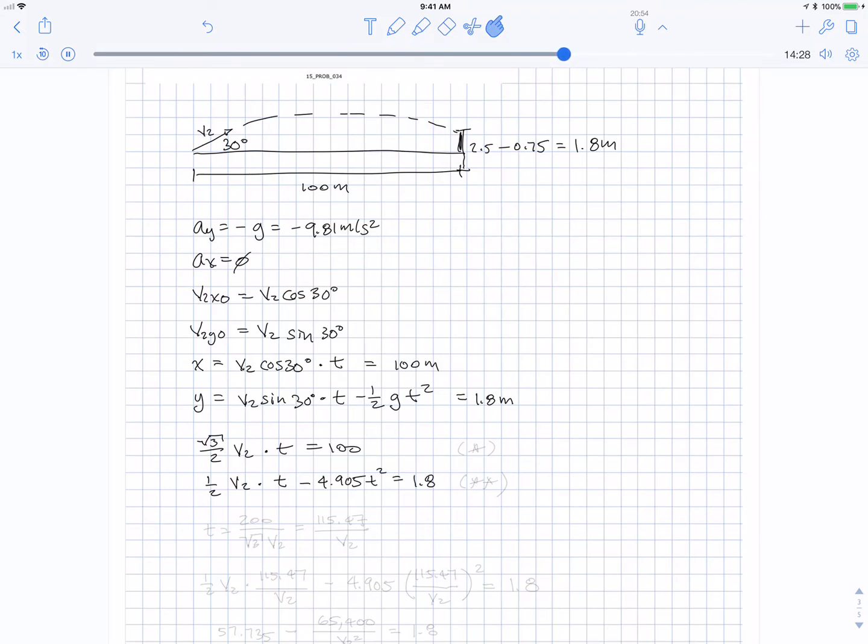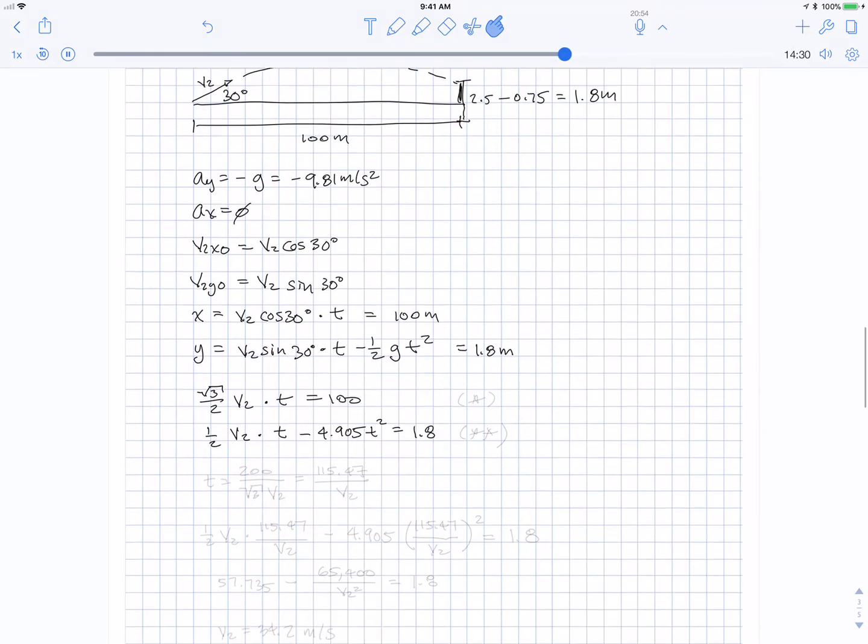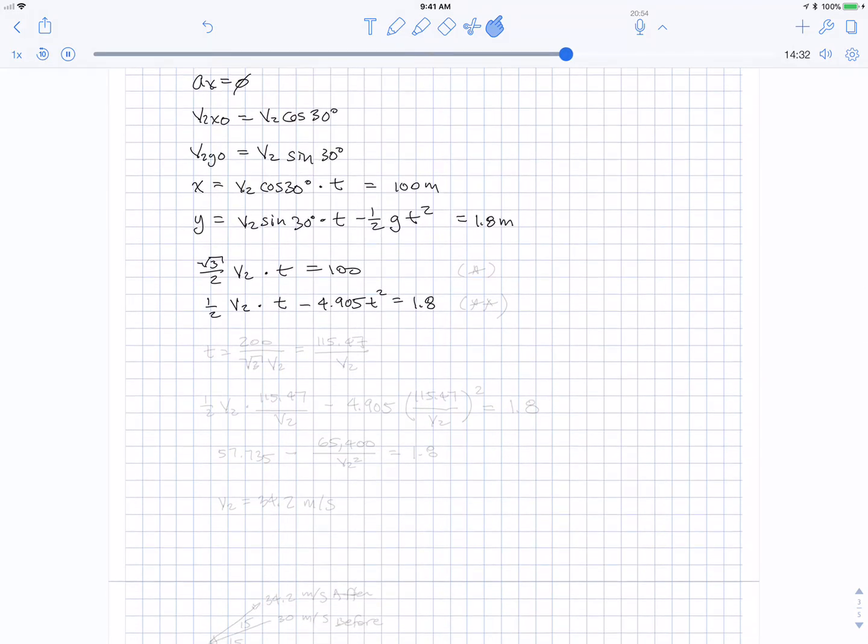And we're trying to solve for V2. So I'm going to solve equation 1 for t and then plug it into equation 2 and solve for V2. I'll take a break and do it and come back.